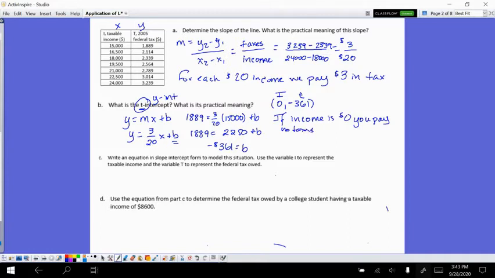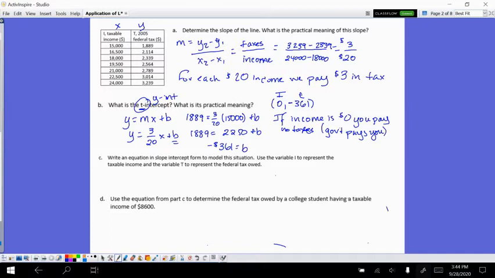It's not a positive number. In fact, the government pays you. And we could think of the social support systems that are out there for people who are unemployed. If income is zero, a negative tax means that money would be coming to you from the government.